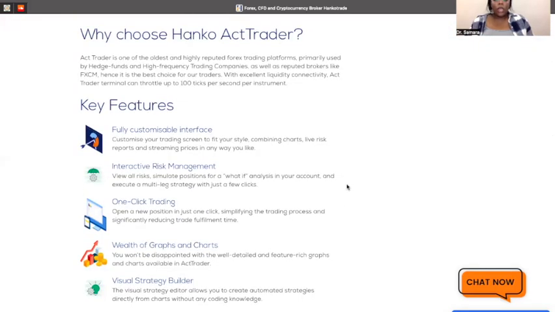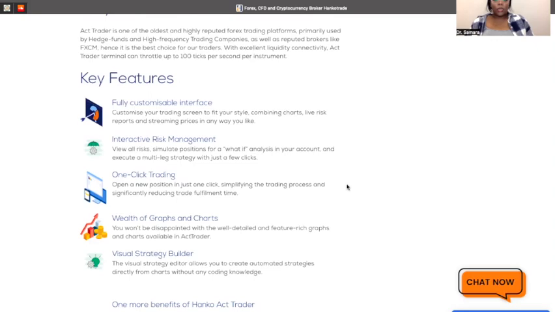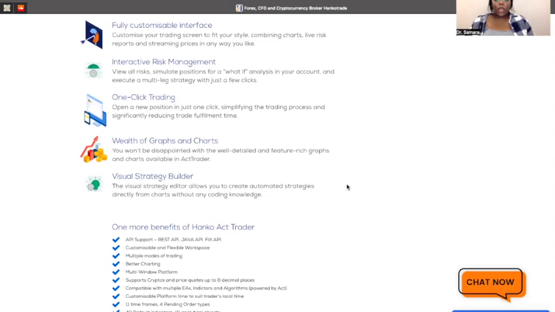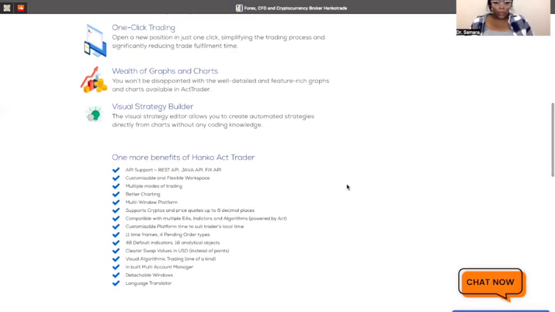Just to look at some of the things they have provided for you: you have a fully customizable interface, interactive risk management, one-click trading, and a wealth of graphs and charts. You're still able to trade indices as well as gold, if that is something you want to trade, and they also have visual strategy builders and so much more.